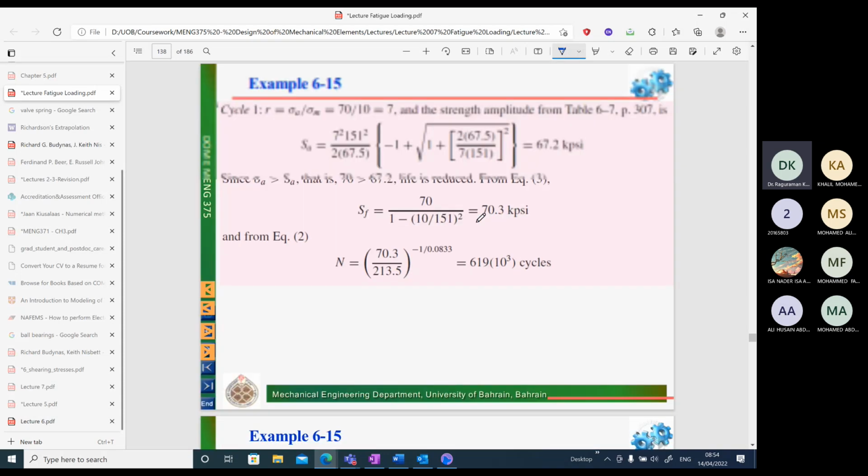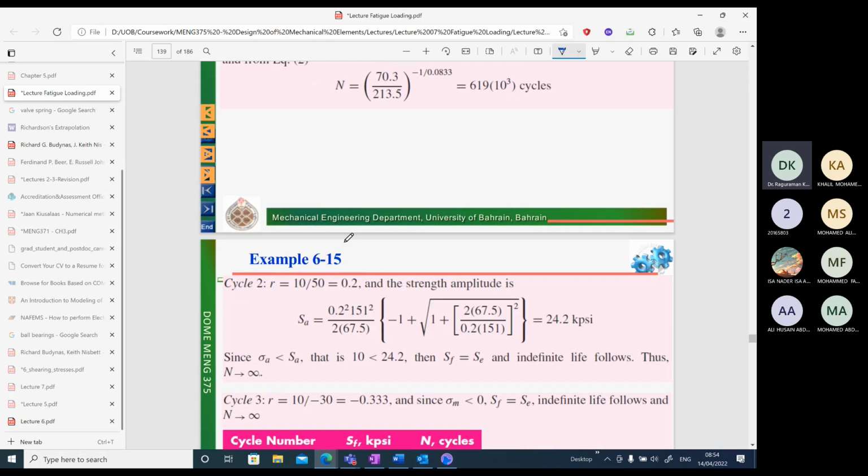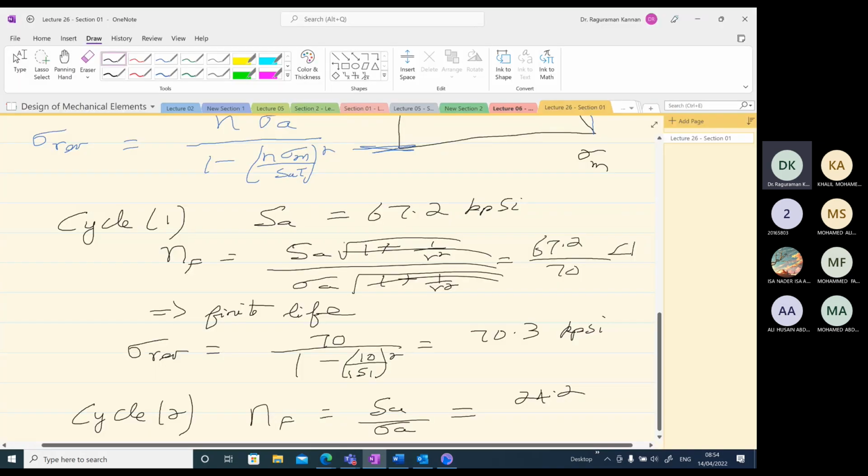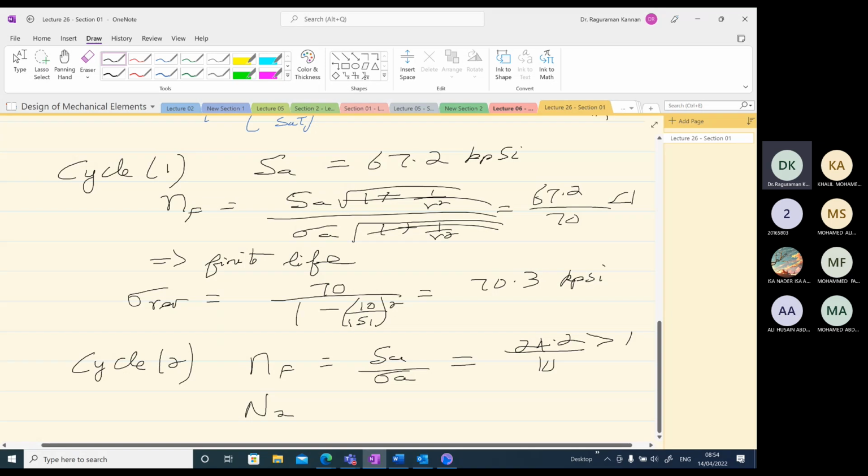The sigma A value, if you don't recall from here, is equal to 10 for cycle 2. Greater than 1. What is the number of cycles to failure? In this case, N2 is an infinite number of cycles, since it is greater than 1, right?